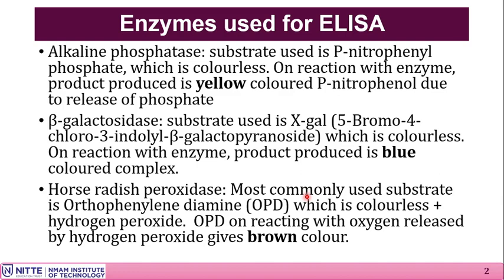The enzymes that are commonly used for the ELISA are alkaline phosphatase, and this enzyme uses the substrate para-nitrophenyl phosphate. When it reacts on the substrate para-nitrophenyl phosphate, it will cleave off the phosphate group and produce a yellow colored solution which contains para-nitrophenol.